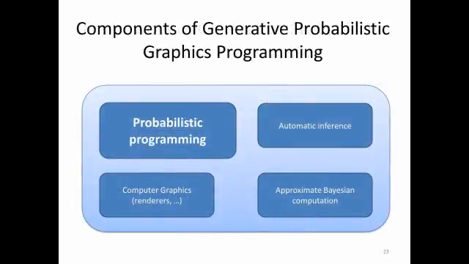And components of generative probabilistic graphics programming are four. It's probabilistic programming itself, it's automatic inference, which the probabilistic programming framework provides you. This is approximate Bayesian computation, and computer graphics approaches.